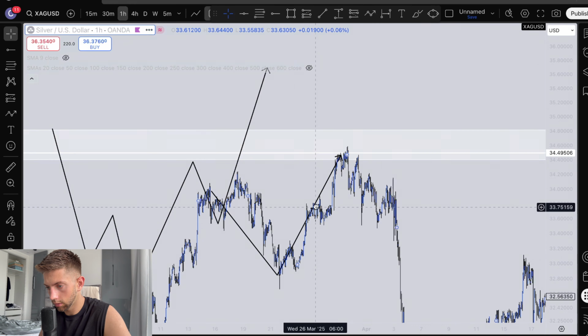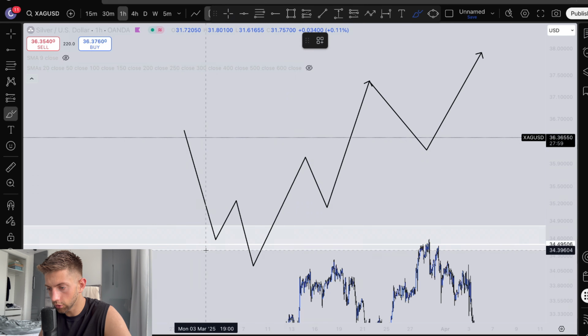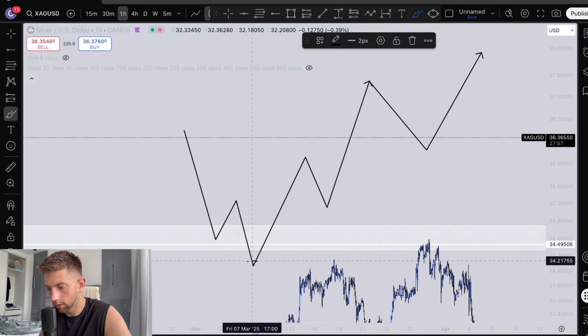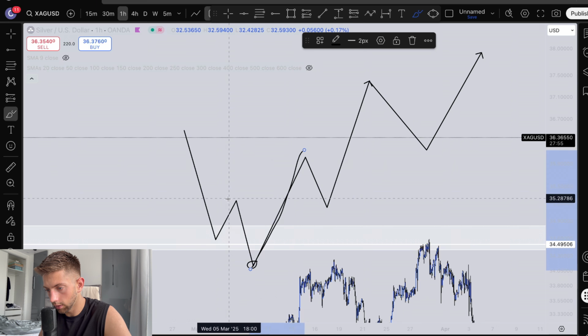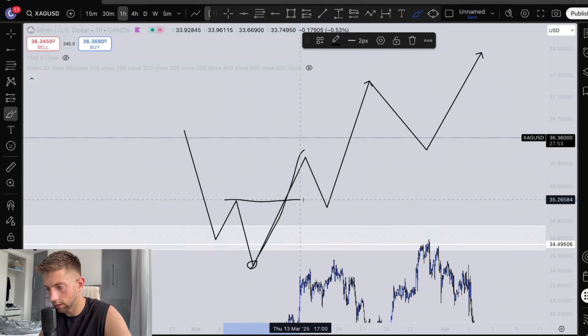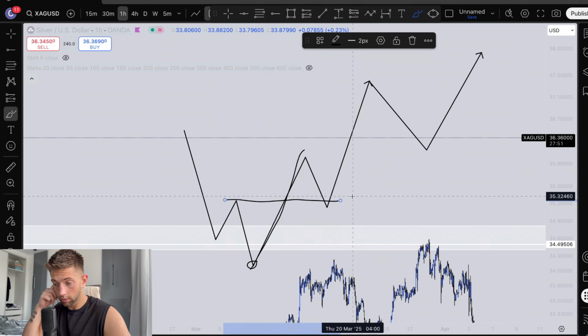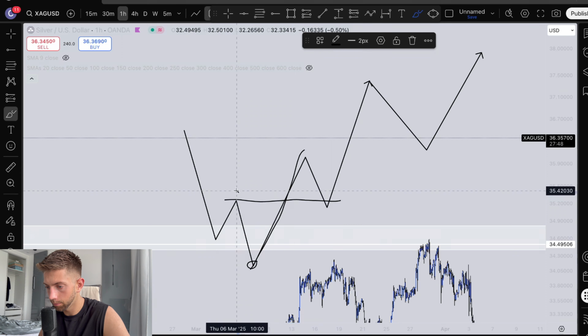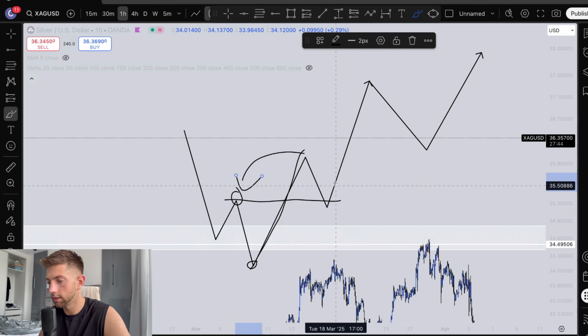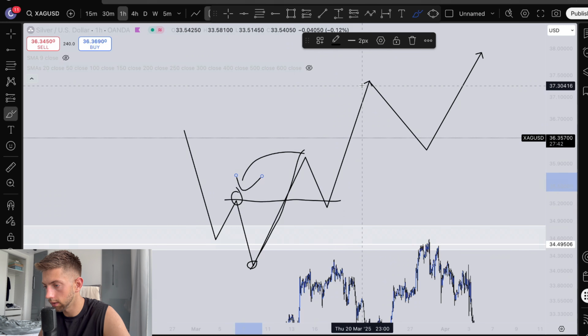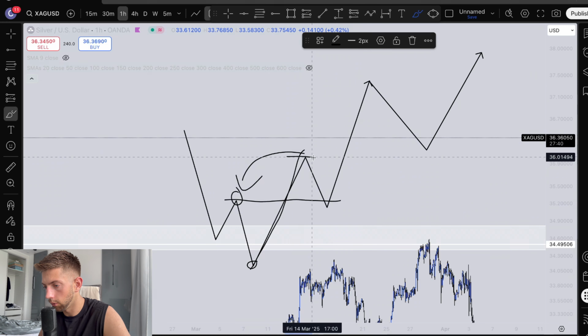What price did is it was trending down, then market broke market structure, and it tested the previous lower high point. Okay, right here. Right now we are in a bullish market because we are getting a series of higher highs and higher lows. Then market broke structure right here, and what did the market test?